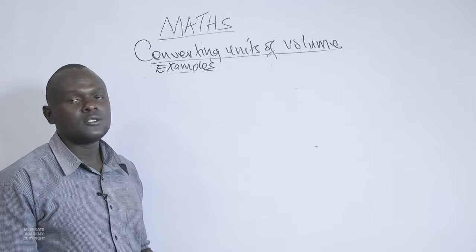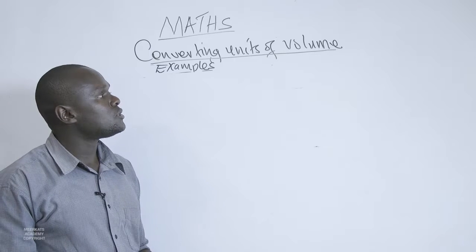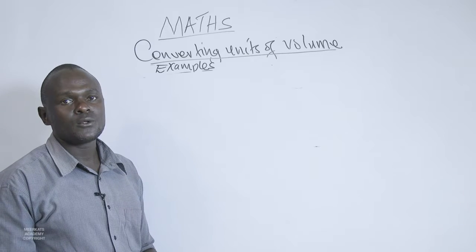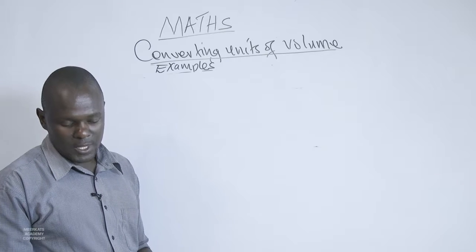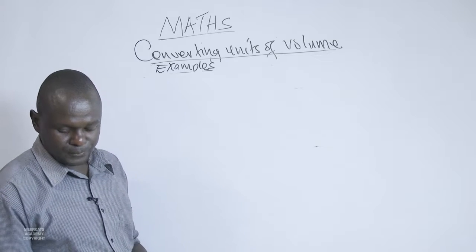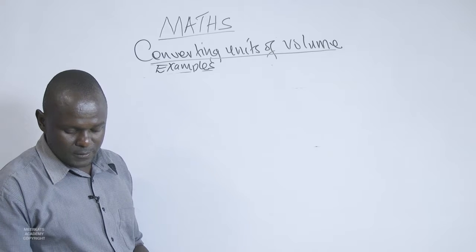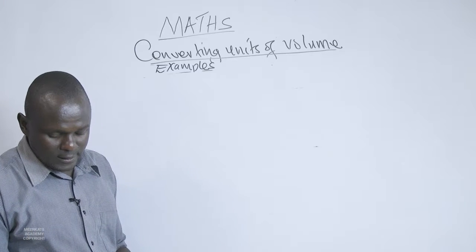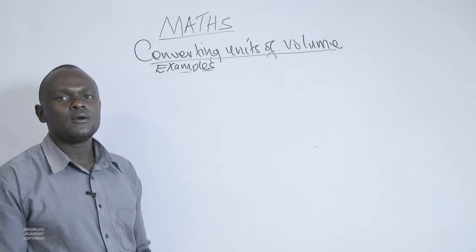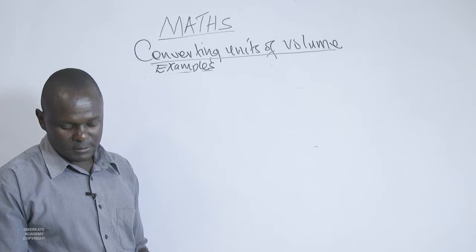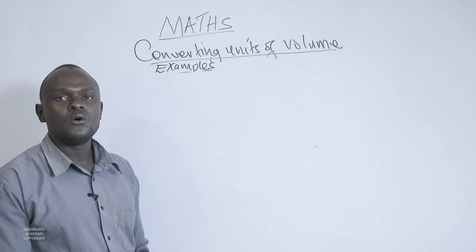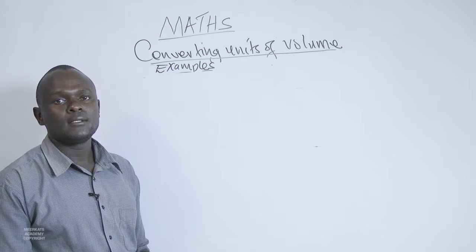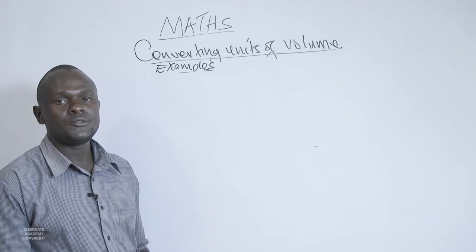We also mentioned some special units of volume, like a liter, and we said that 1 liter is equivalent to 1,000 cubic centimeters, and also that 1 milliliter is equivalent to 1 cubic centimeter.